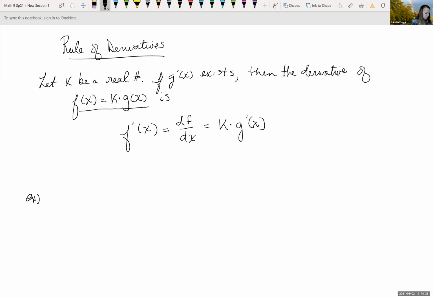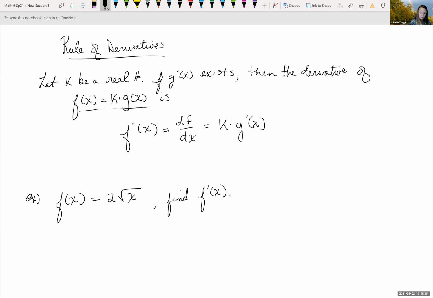So for example, let's say we had f of x is equal to 2 times the square root of x. And I want to take the derivative of this. It says find f prime of x. So in this form, I can't find the derivative quite yet because this square root of x is not written as a power.